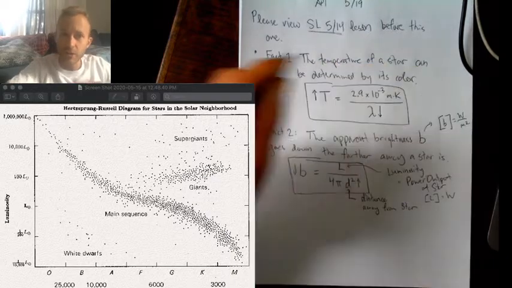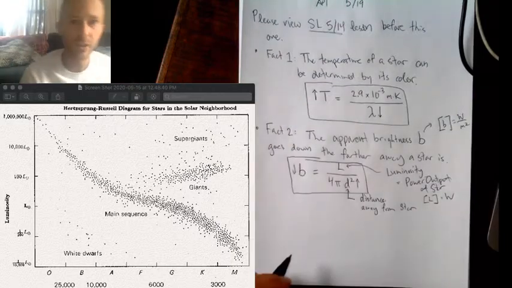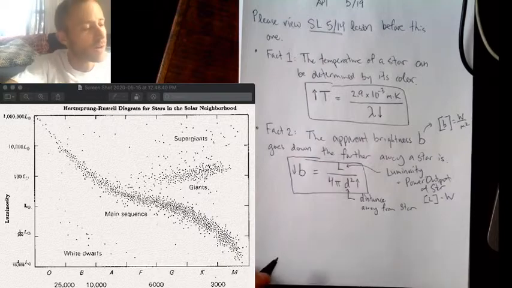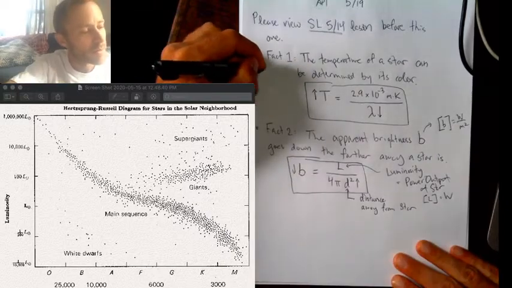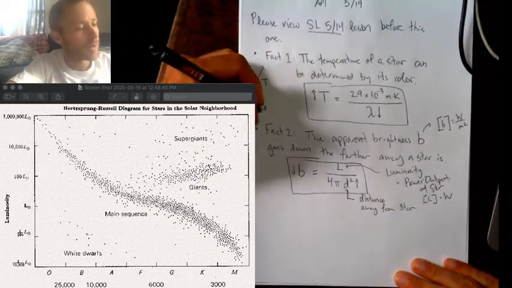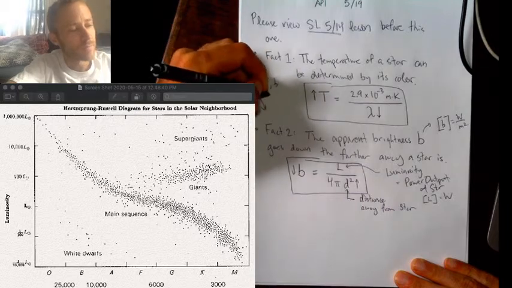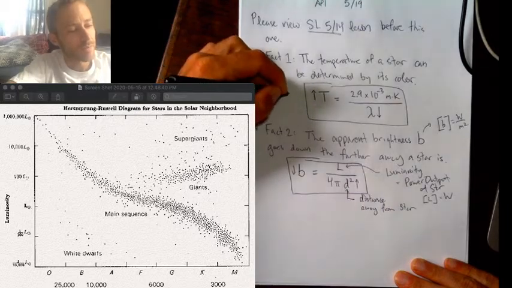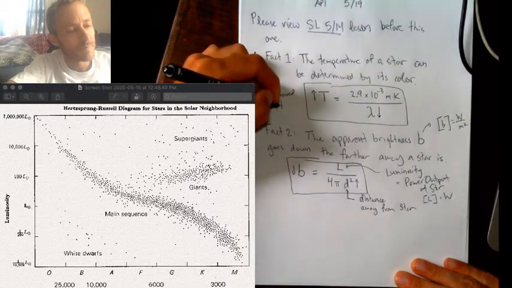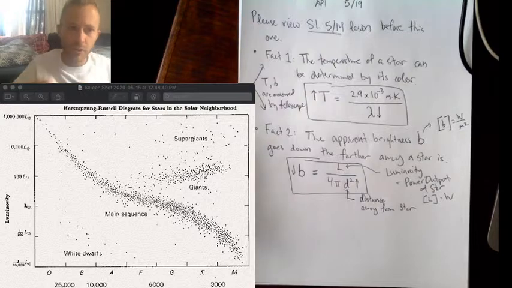And so with a telescope, we can figure out temperature and apparent brightness. A telescope can tell us what color a star is, and it can tell us how bright the star appears.